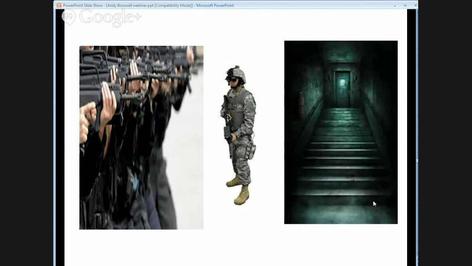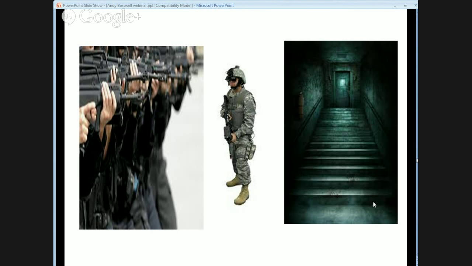You can go through this door at the end of the corridor. And the soldier thinks, hang on a minute, I've got two choices here. I can either stand in front of a firing squad, which is certain death, or I can go through this door. So he turns around to his commanding officer and he says, what's through the door? And the commanding officer says, I don't know, son. Nobody's ever returned.